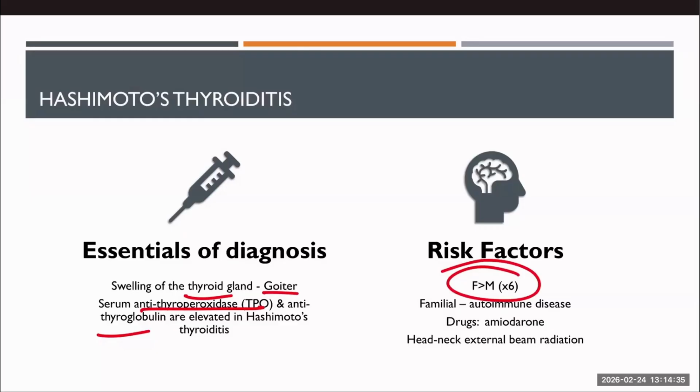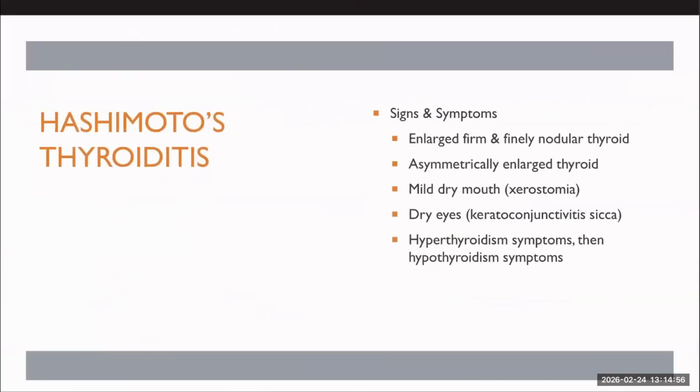There's autoimmune, so there's a family history here. Drugs, amiodarone can cause hypothyroidism over time, Hashimoto's. And again, your beam radiation, if you're not wearing that collar, excess radiation. These are the risk factors for it.